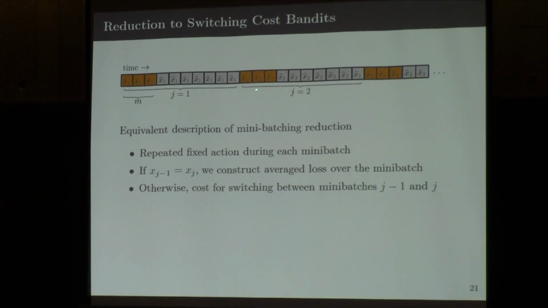If I didn't switch from X1 to X2, I wouldn't have to pay a price for these rounds shown in M. So I can think of the mini-batching reduction equivalently in terms of minimizing regret with the switching cost. Every time I switch between actions, xj minus 1 and xj, I pay some constant cost.